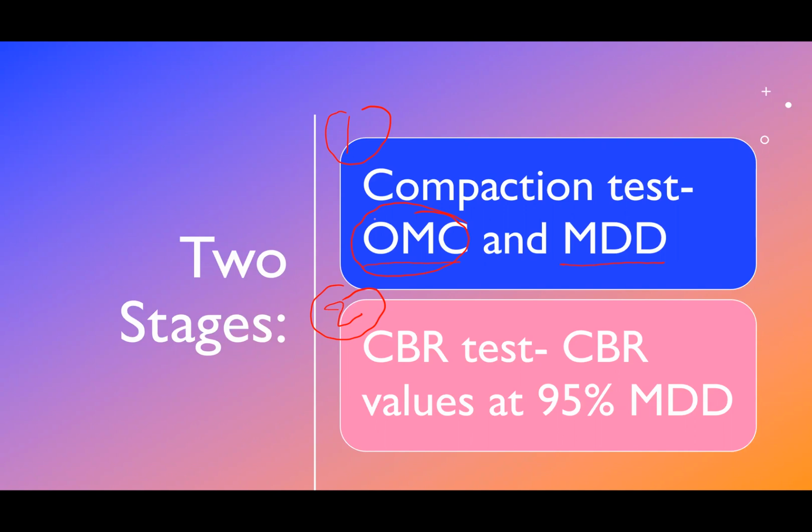These samples will be subjected to the CBR test, and we will analyze and get the CBR values at 95% of the MDD, the MDD that you get from the compaction. So stage 1 is the compaction test, and stage 2 is the CBR test itself.